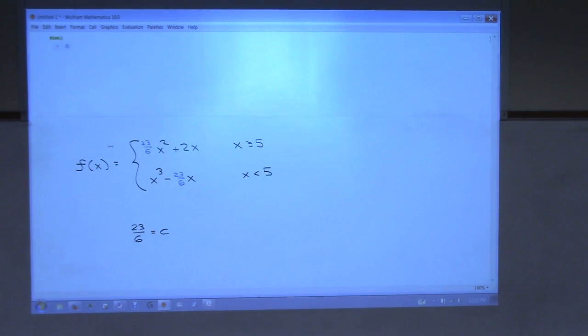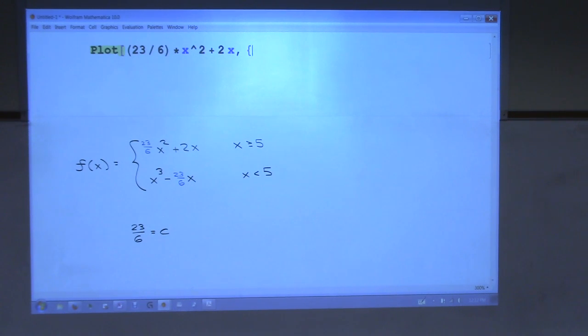I'll make this a little bigger so you can see what I'm doing, if those of you who might be interested. So I'm going to plot 23 over 6 times x squared plus 2x.